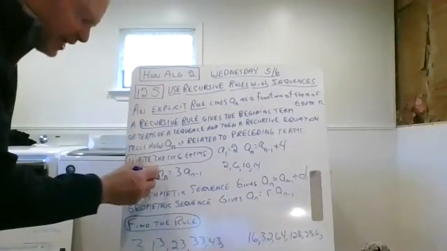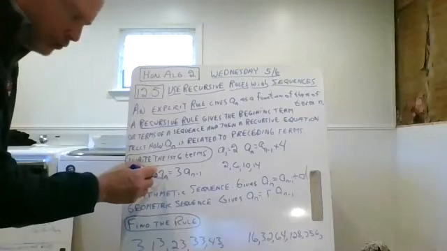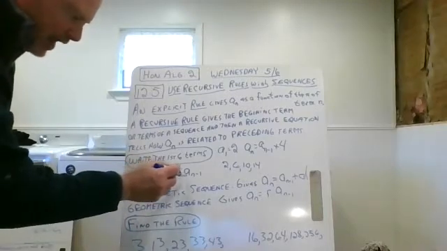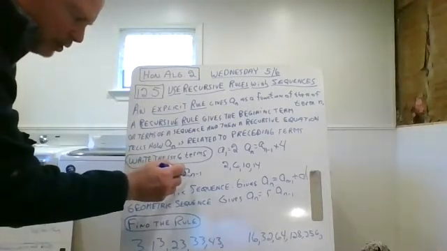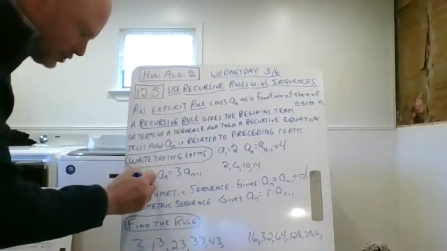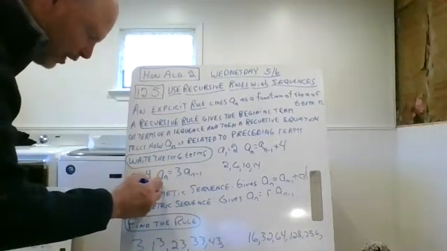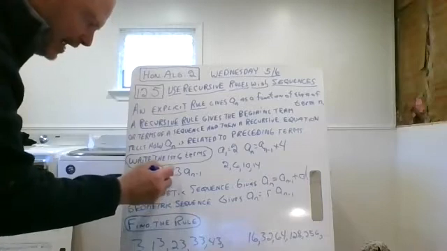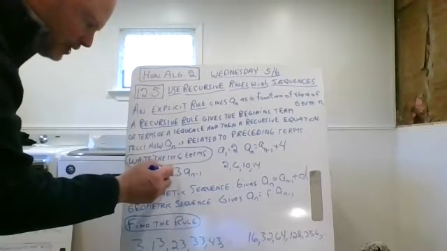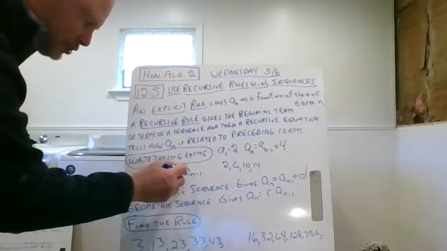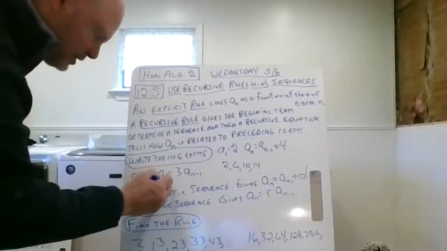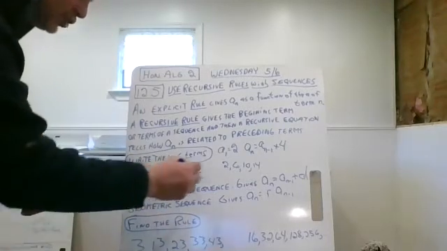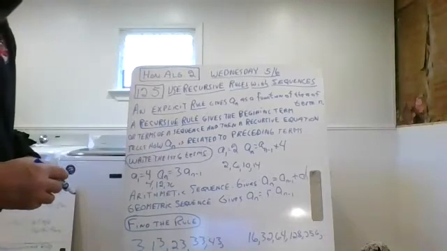What's the second term? A sub 2 is 3 times a sub 1. So it's 3 times 4, 12. And a sub 3 is going to be 3 times a sub 2, 36. And so on and so forth.